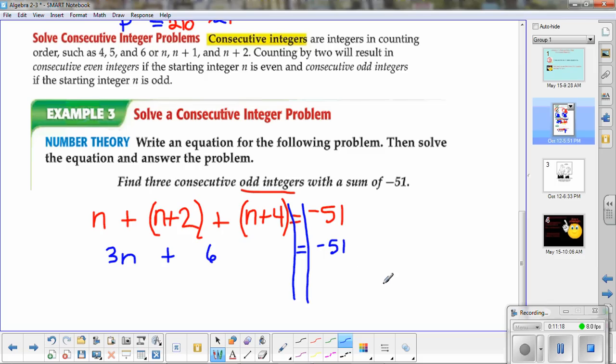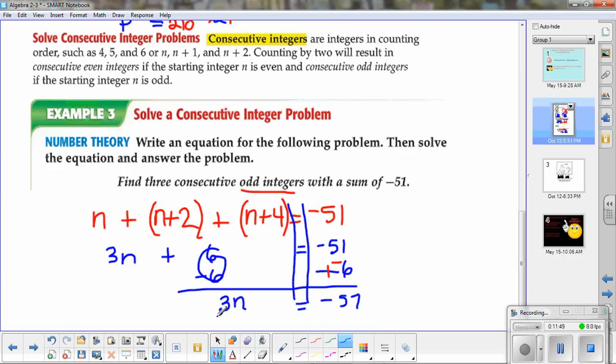Now to solve this equation for n, I want to get rid of this plus 6 by subtracting 6. So on the left side, I have 3n. And on the other side, a negative 51, take away 6 more. That's a negative 57. If you can't see that, you might want to change it to adding the opposite. Negative 51 plus a negative 6 is negative 57.